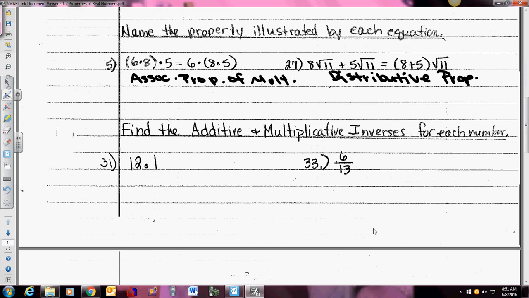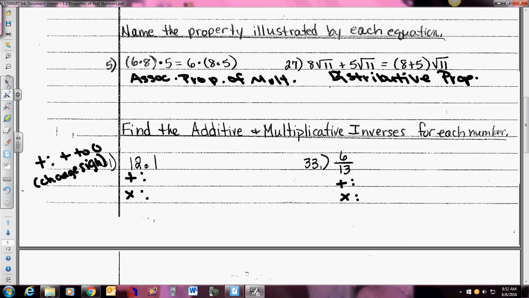Find the additive and multiplicative inverses for each number. So we want the additive inverse and the multiplicative inverse. When you do your additive inverse, you want them to end up adding to 0. So all you really have to do is change the sign.